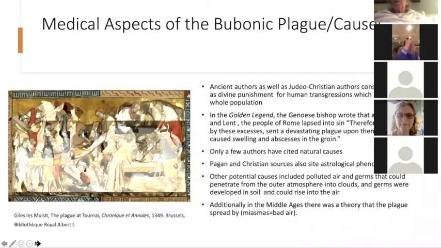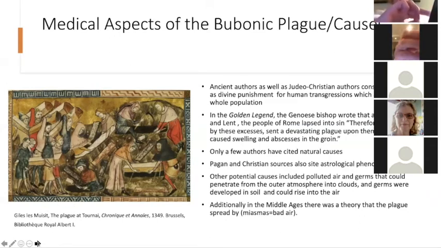There are many tales and recordings of mass graves, but there was an attempt to bury people in coffins. So that's what we're seeing here, a very early Belgian image where all these coffins are being brought forward and laid into the ground. Although I will say there are again multiple instances of mass graves.